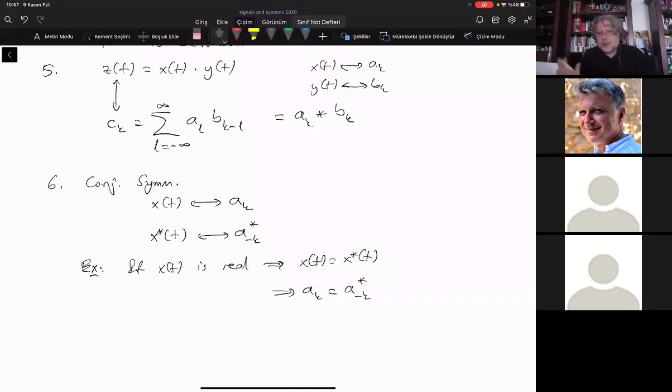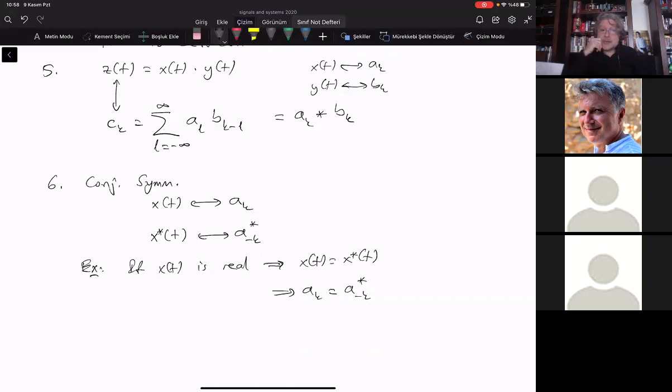For example, a_1 is 1 over 2, a_(minus 1) is the conjugate of 1 over 2, which is 1 over 2. For a sine wave, a_1 is 1 over 2j, then a_(minus 1) is the conjugate of it, which is minus 1 over 2j. That's why for real signals, the Fourier series coefficients centered at the origin are conjugate symmetric. But that conjugate symmetry only applies to real signals, as you see.